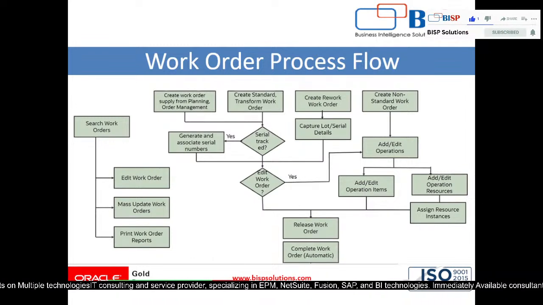You create the transformation work order, and that will transform one part number into another number, right? And we already saw in our last session how we create the work definition, right? Creating the work order from the supply chain work order, and creating the transform work order, right? This is the work order creation.